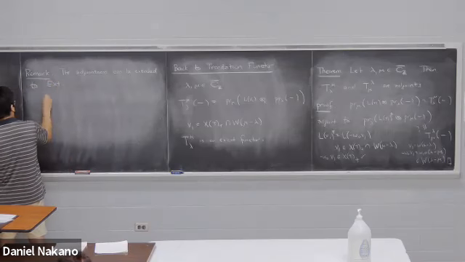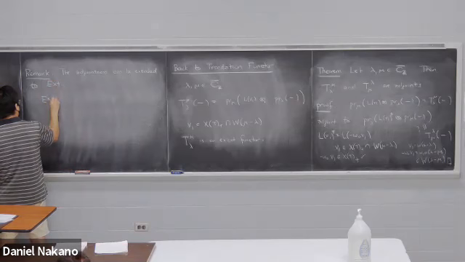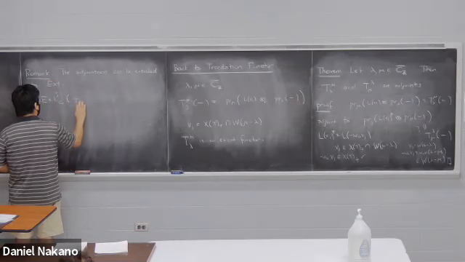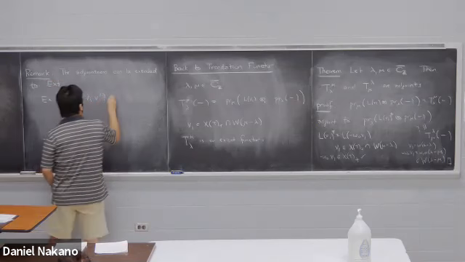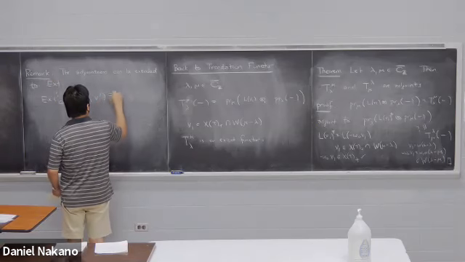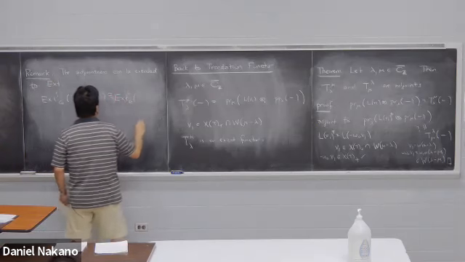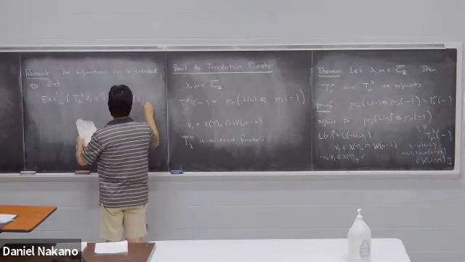So I have Ext of G of T, so U lambda V prime is isomorphic to Ext of G of V, and its adjoint is T.